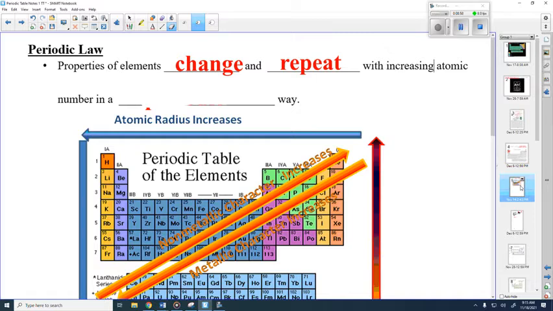So as you go from left to right, elements 11, 12, 13, 14, 15, 16, the properties tend to change, but then they will sort of repeat every now and then. We would say that in a periodic way. Periodically means every now and then. So when we say there is a pattern that repeats periodically, every now and then you'll see it repeat.